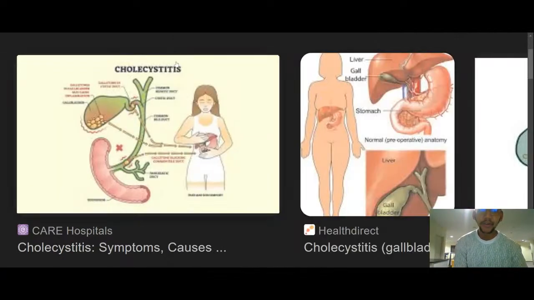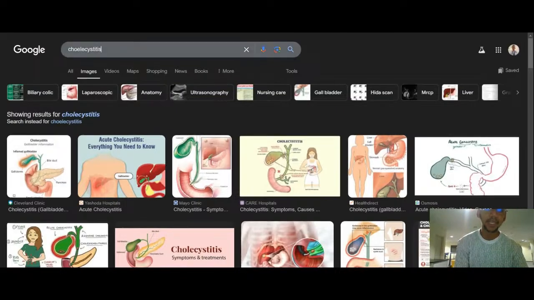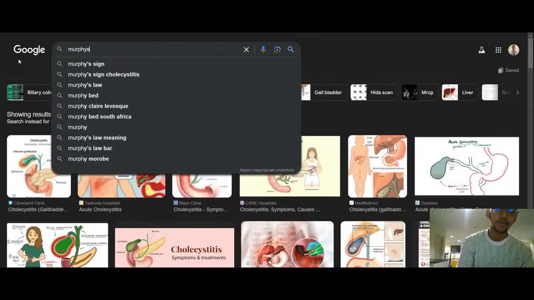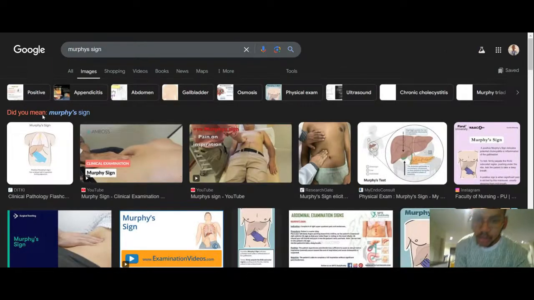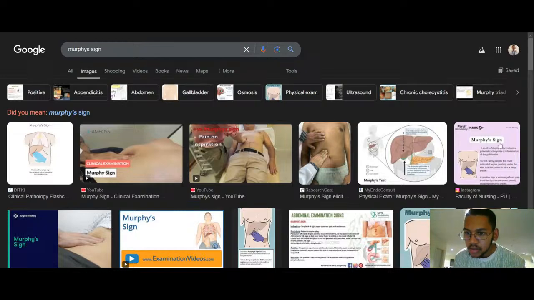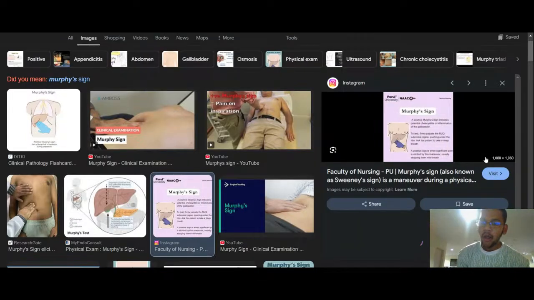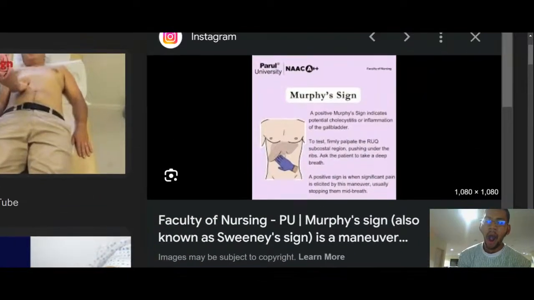I'm just going to confirm the Murphy sign. What the Murphy sign indicates is possible cholecystitis, inflammation of the gallbladder. To test, firmly palpate the right upper quadrant subcostal region, pushing under the ribs, asking the patient to take a deep breath.